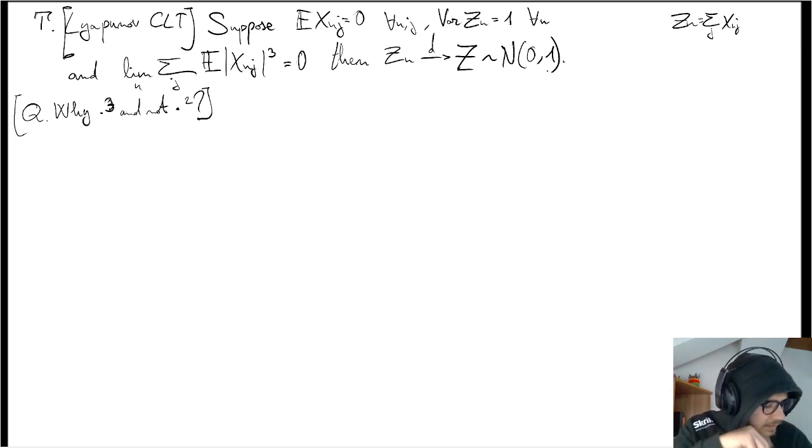So what is the difference with the de Moivre-Laplace theorem? Here we are not assuming anything. Well, we are still assuming things about the expectation and the variance, but we are not assuming independence.